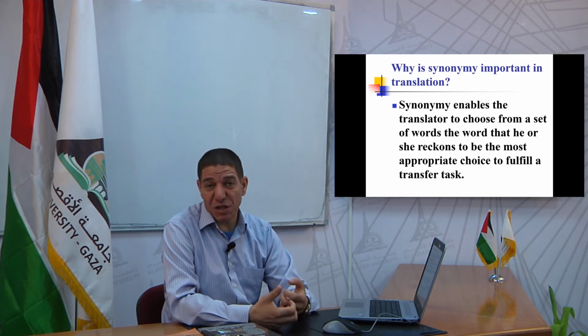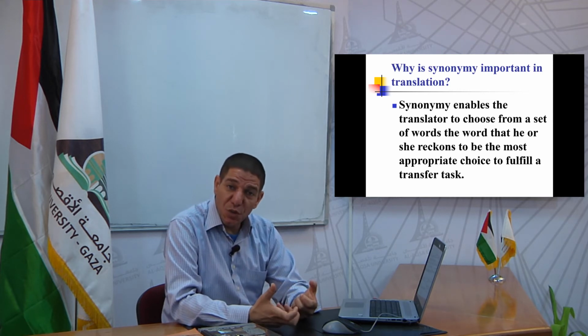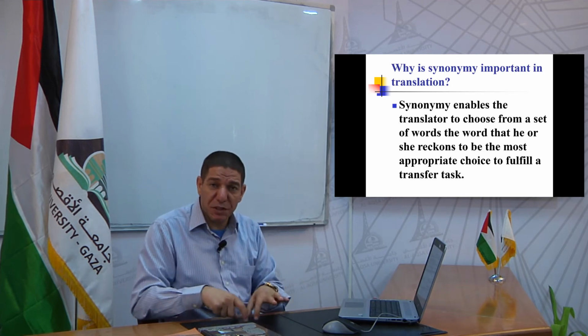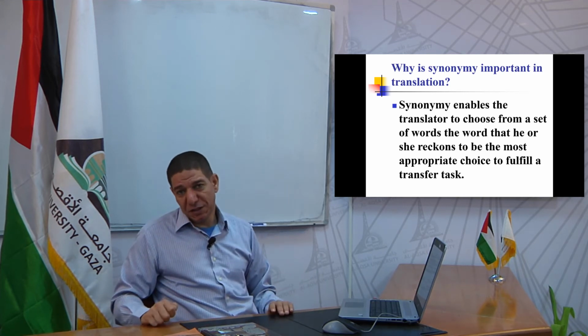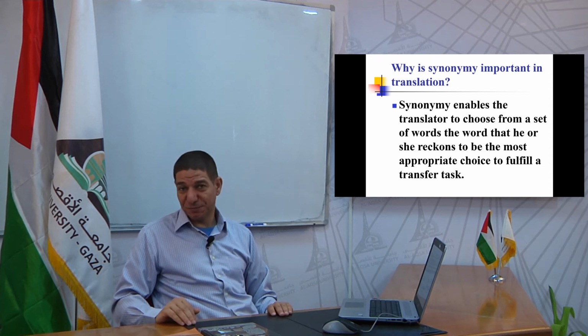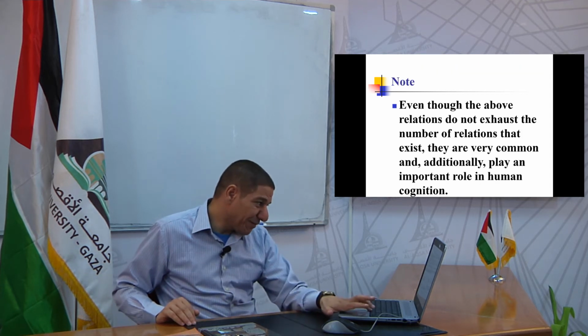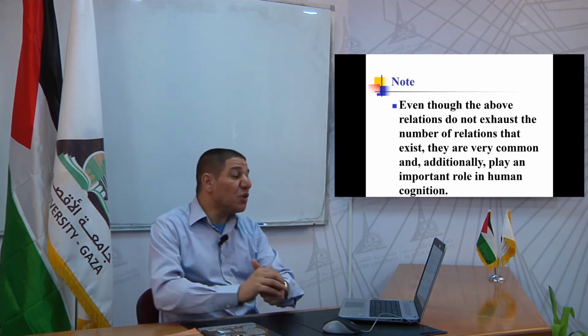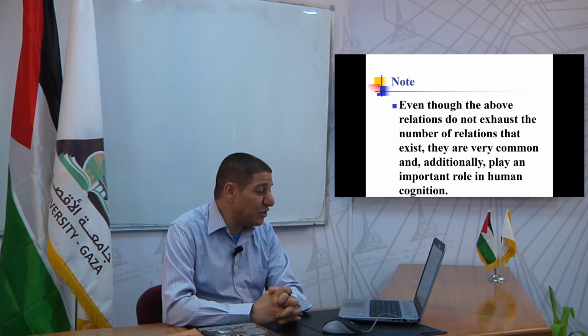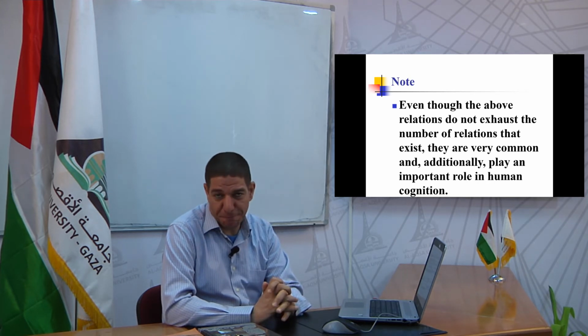Understanding how synonymy functions in language will help you choose the most appropriate word in your translation process, resulting in a very good translation product. Okay? Even though the above relations do not exhaust the number of relations that exist, they are very common and additionally play an important role in human cognition.